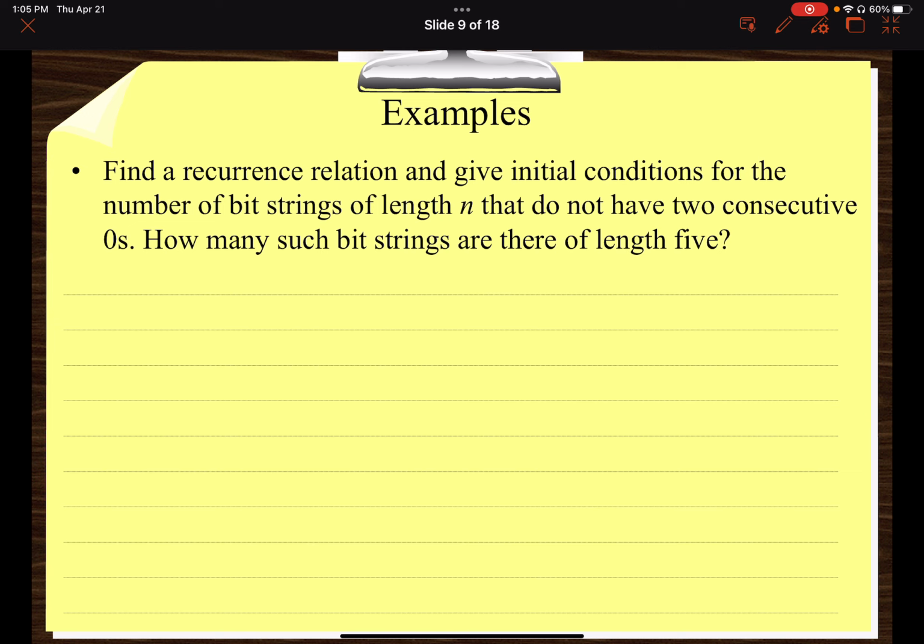Find the recurrence relation and give initial conditions for the number of bit strings of length n that do not have two consecutive zeros. Fine. So what I will do is the following.